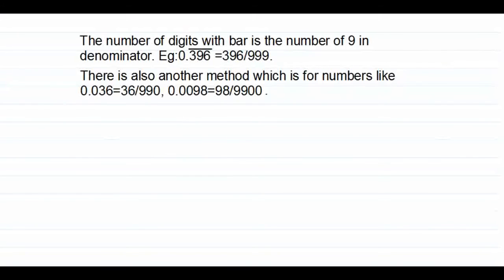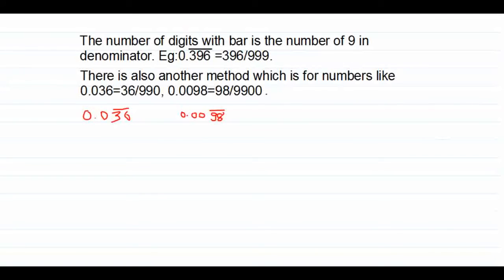It is actually like this: this number is 0.036 with the bar over 36, and in the same way here 0.0098, and 98 has a bar here. As we have been told, the number of digits having a bar will be the number of 9s in the denominator. Hence here 2 digits have a bar over them, so the denominator will be 99. Here also it is the same case, so 2 nines.